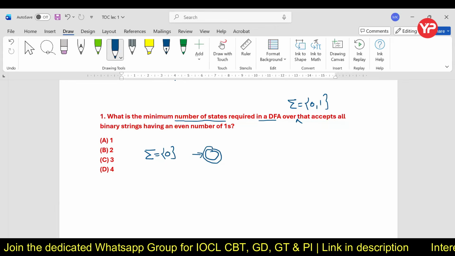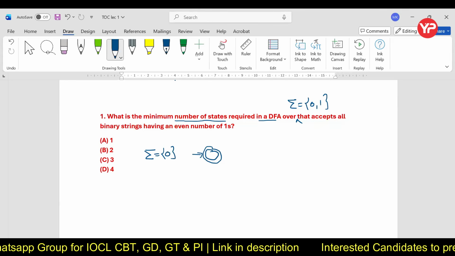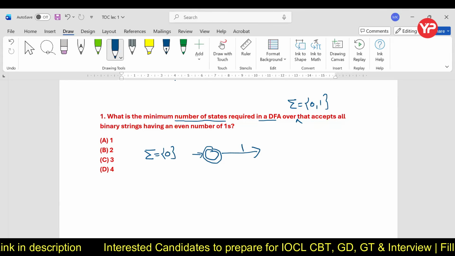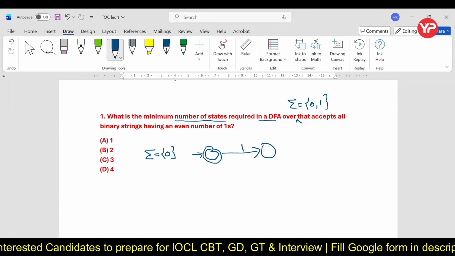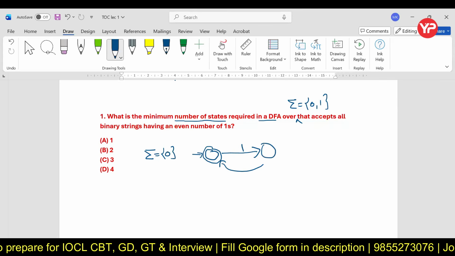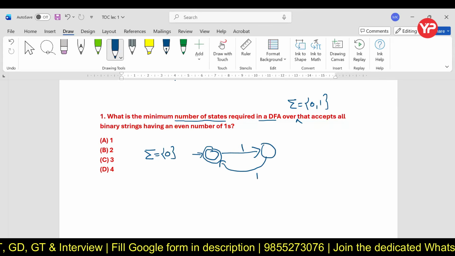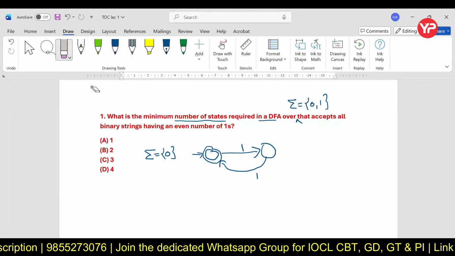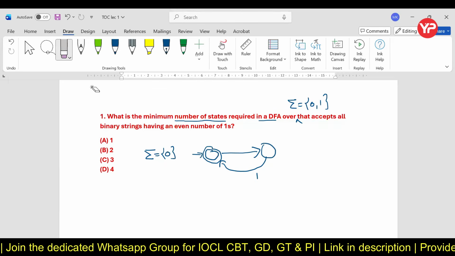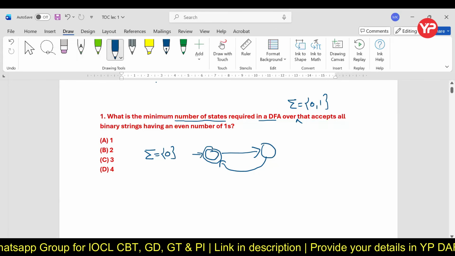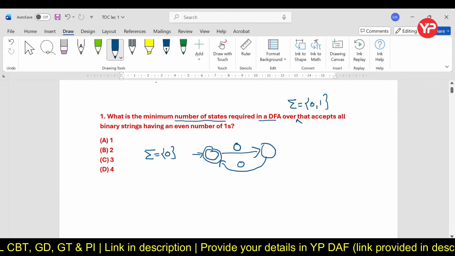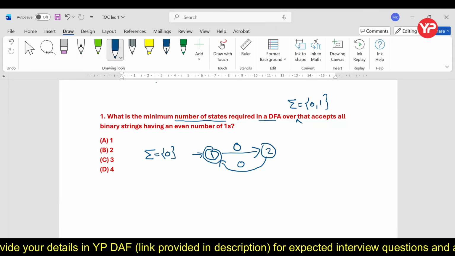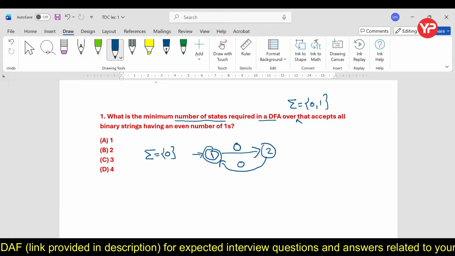In epsilon we have 0 zeros and 0 ones, so it gives me an even count. And if I want to go with only 0, then this is the case. So I require 2 states. That is the case when my sigma consists of only 0.